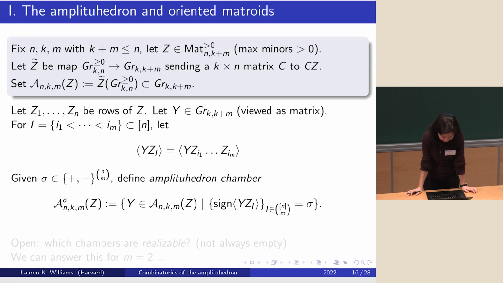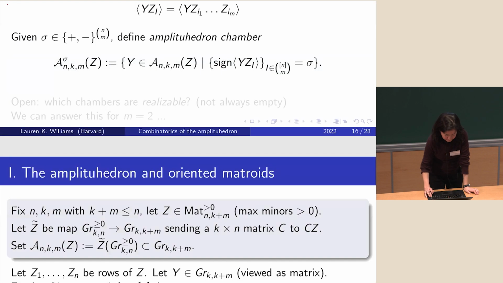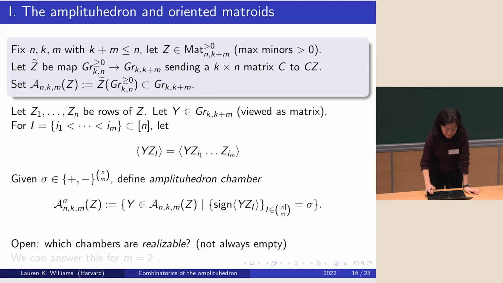So the amplituhedron chamber is the subset of elements in the amplituhedron where the twistor coordinates have prescribed signs based on this vector of signs sigma. In general, it's open which chambers are realizable, in other words, not always empty.